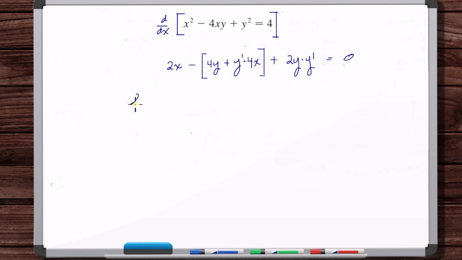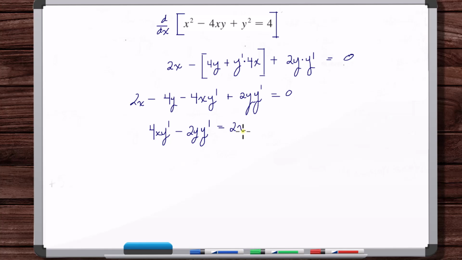Now let's just solve for y prime. Now it's just an algebra problem. Let's bring all the y prime terms to one side and everything else on the other side. Let's factor out a y prime.